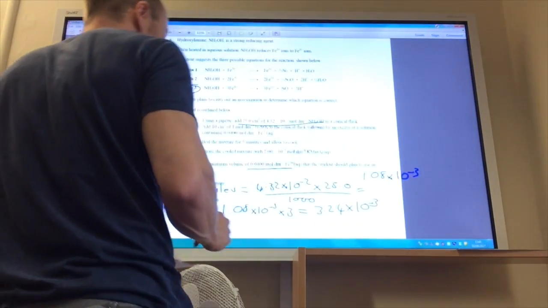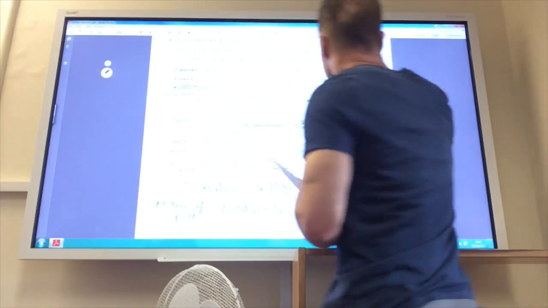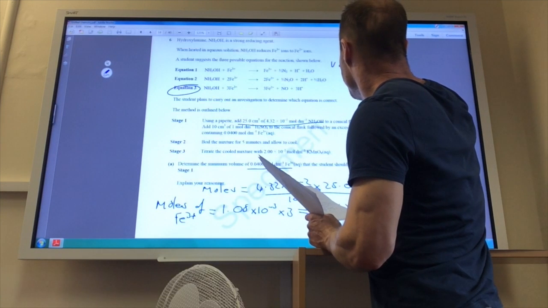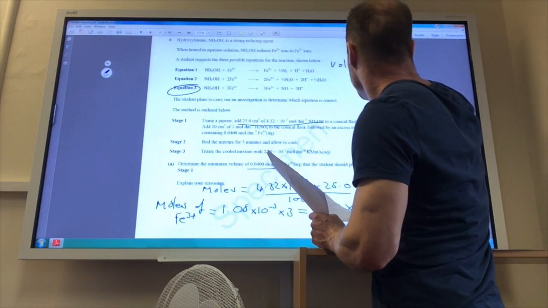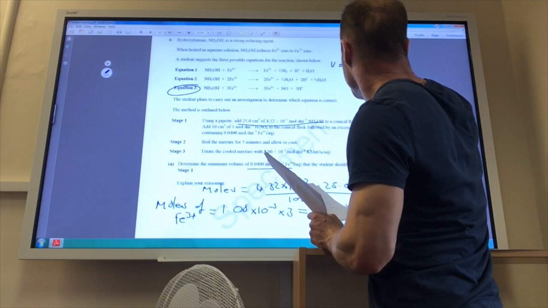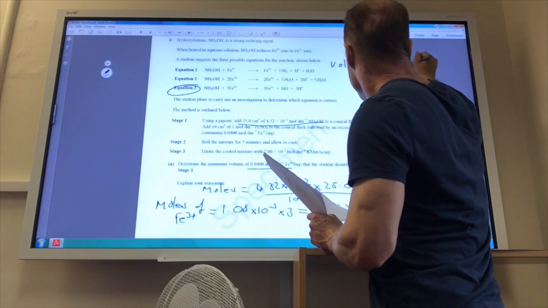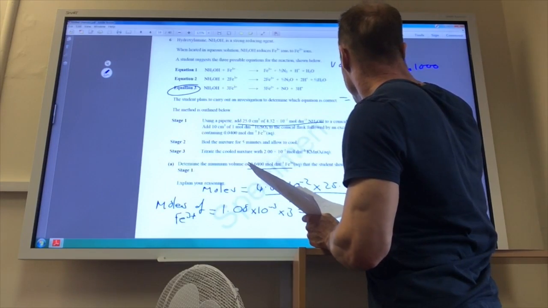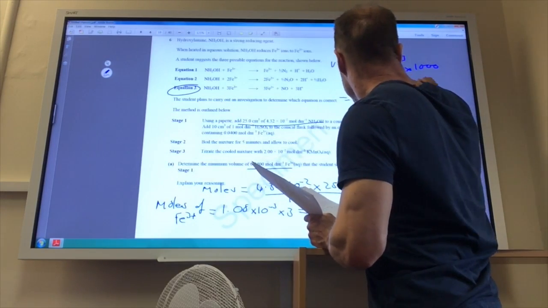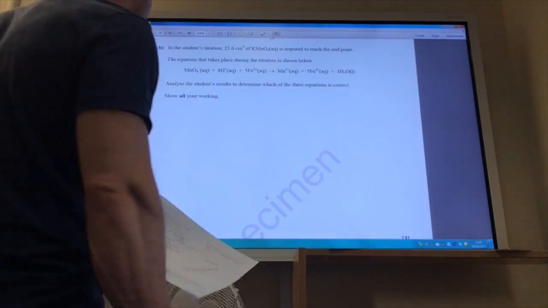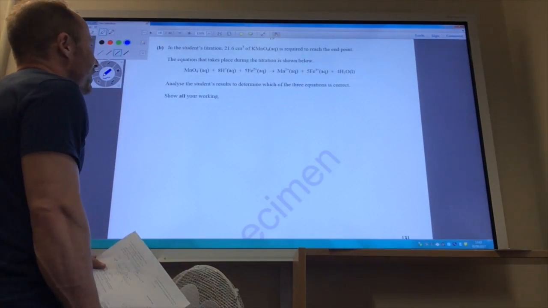And now finally I need to work out volume. The volume is going to be the number of moles divided by the concentration times 1,000, and that gives you 81.0 centimetres cubed.